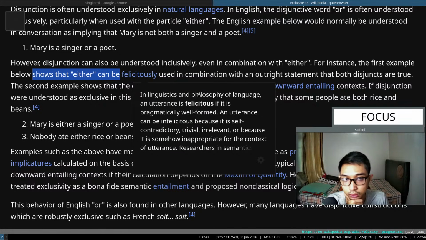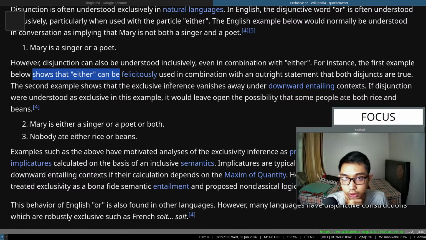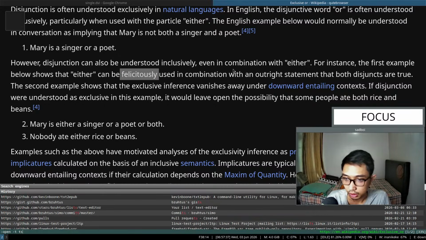In linguistics and philosophy of language, an utterance is felicitous if it is pragmatically well formed. I'm still not sure what this means. Let me check.